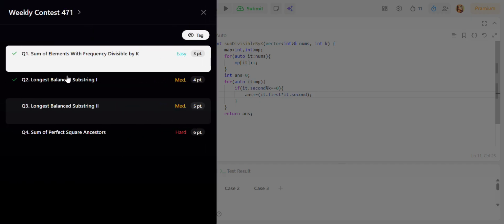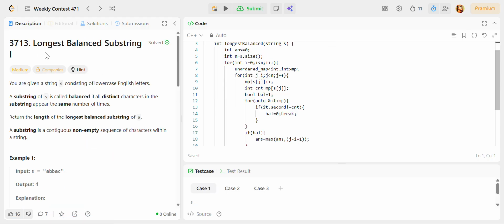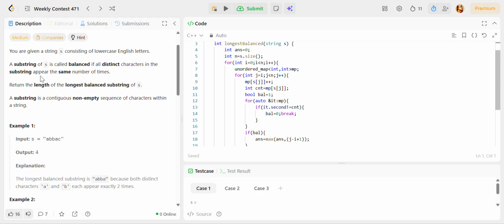Now coming to the second problem, longest balanced substring. In this problem we are given a string s. A substring of s is called balanced if all the distinct characters in the substring appear the same number of times.